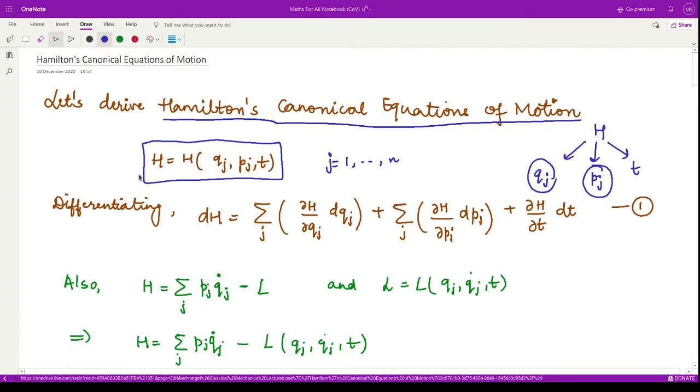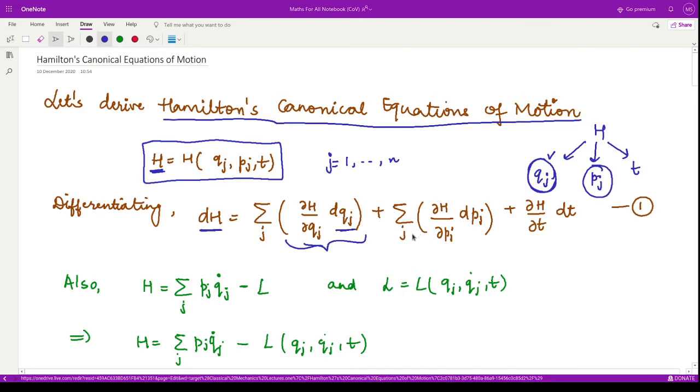The next step is to differentiate this Hamiltonian. We differentiate it firstly partially with respect to qj, and then perform the differentiation of this qj using the chain rule. There are n such qj's, so we put the summation and have n terms of this kind.